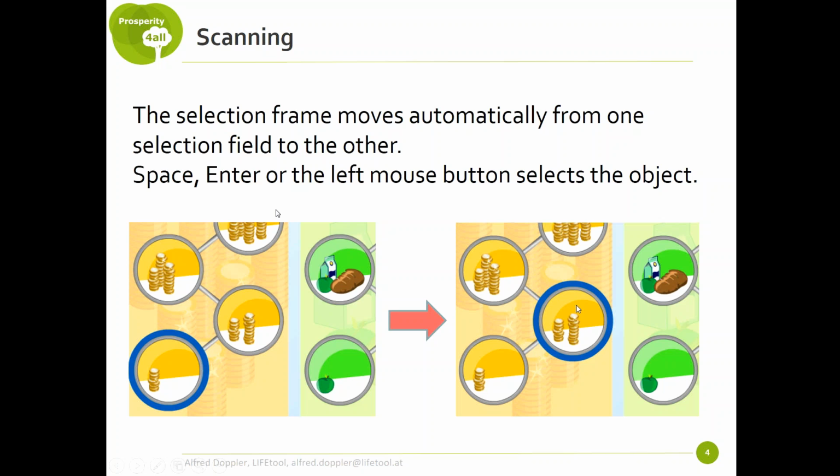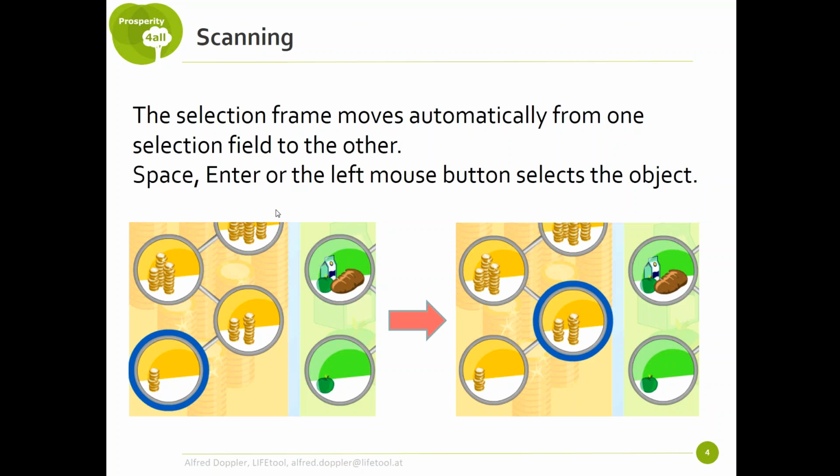And when you make a click, this means when you tell the computer, now is the time that I want to select this thing, then the position of the blue frame will decide which exercise will be started. In our case, we are using space, enter, or left mouse button to select this object.